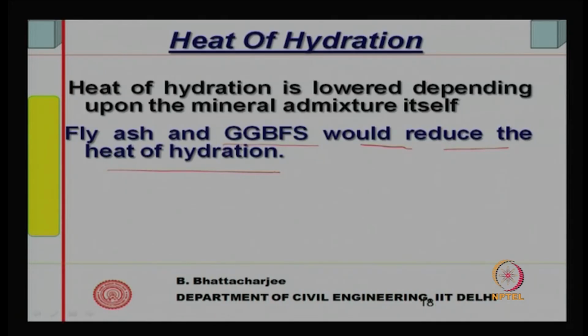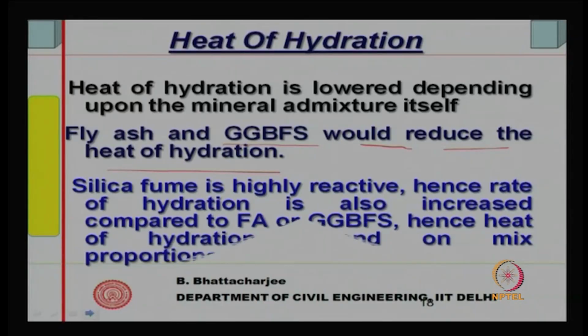There are two effects. One is a dilution effect, because if you consider total cementitious material, had it been cement alone, then it would have reacted and produced heat of hydration, but now part of the cement has been replaced by the pozzolana itself, like fly ash. So, therefore, there is a dilution effect.